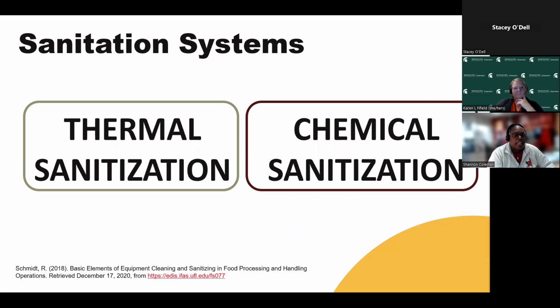As far as sanitation systems, along with cleaning systems, there are different types of sanitation systems. There's the thermal, which uses hot water or steam for a specific time at a specific temperature, or as we talked about before, chemical sanitizers, where you use approved food grade sanitizers at a specific concentration based on the instructions from the manufacturer, as far as how you apply the sanitizer and contact time.